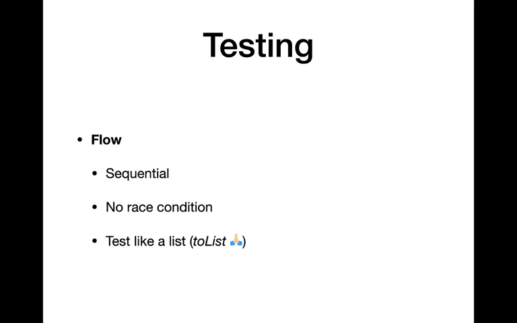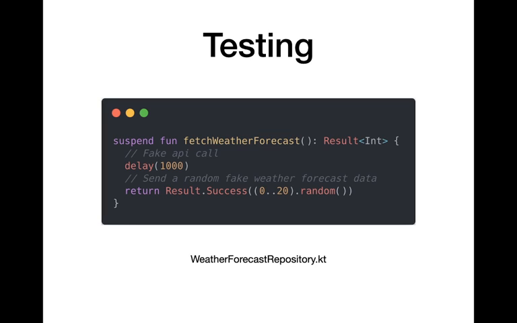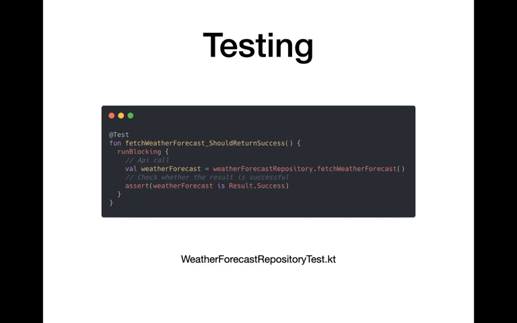So first, let's start with this function. This was a suspend function which was just delaying for 1 second, and it was returning a random success value. If we were to test this function, it should return a success value. So how we test this function is we first of all use runBlocking here.